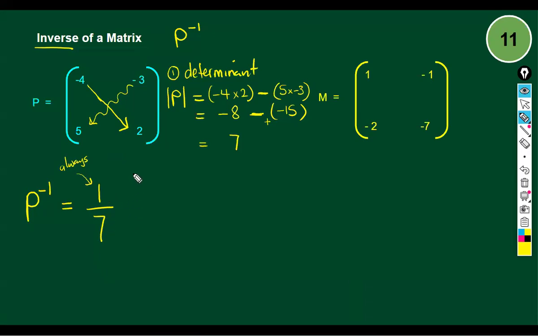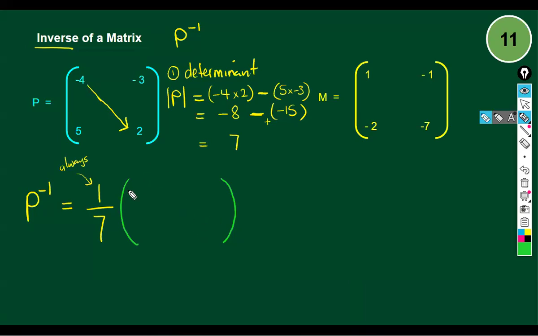I want everyone to do that, and then I want you to write a big pair of brackets here. Now, don't worry, you need more than one example for this technique to stick. So whatever you get for the determinant, just throw it underneath a 1. Don't even think about it.